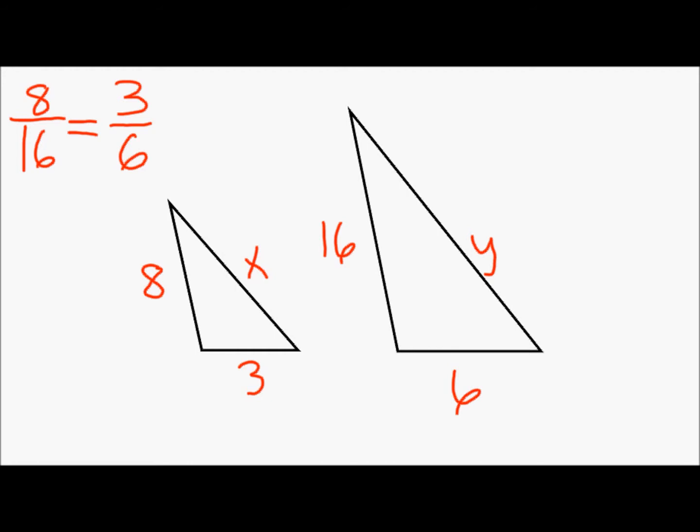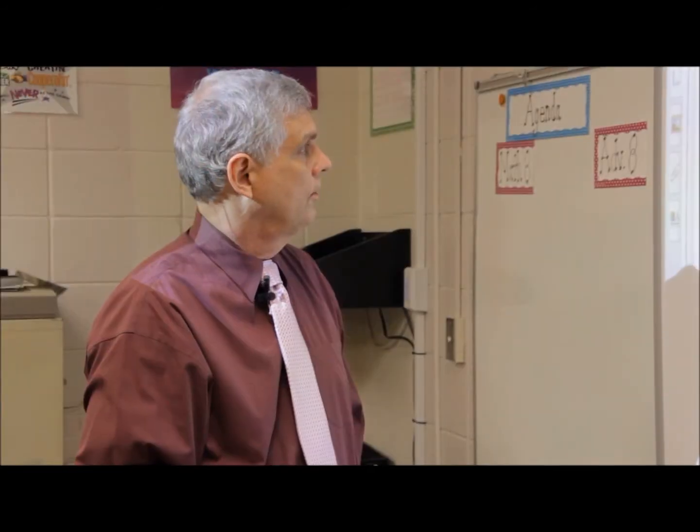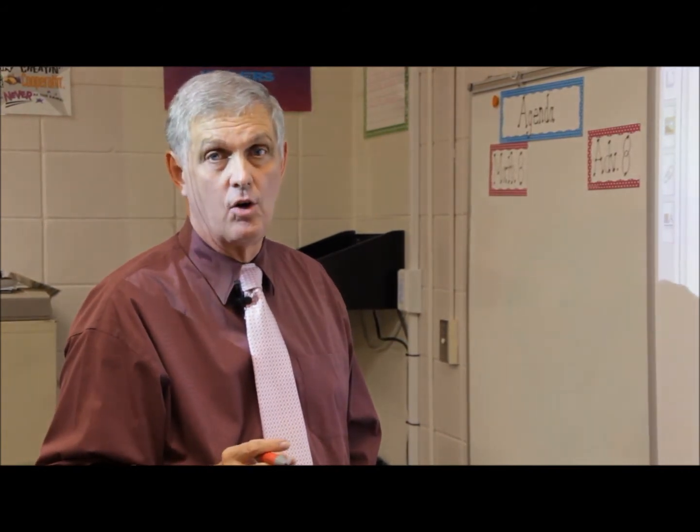And if you were solving for x, okay, you would want to maybe say that x is to 3 as y is to 6. And maybe you did another calculation somewhere where you found y, and then you could figure out what x is. So you'll be working with similar triangles. So that is basically what you need to know about triangles.